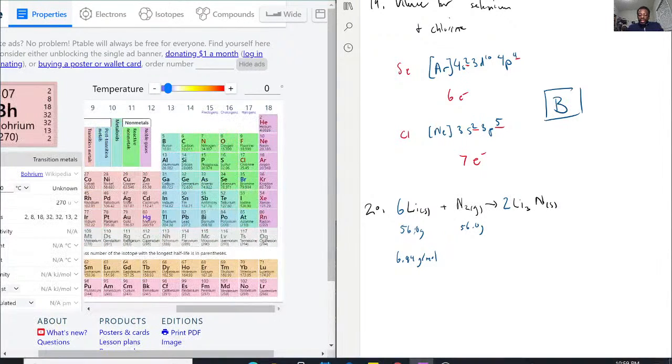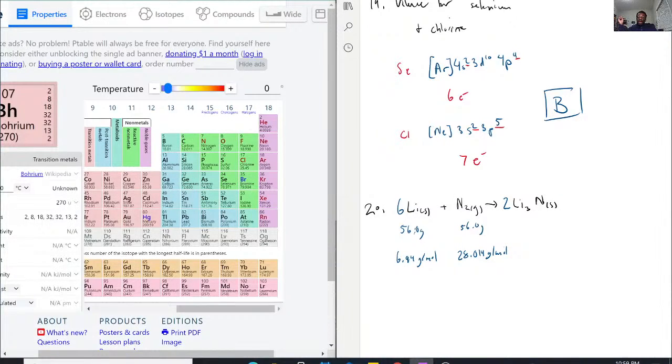Nitrogen, on the other hand, is quite bigger because it's N2. Okay, so we have 2 nitrogens. So it's not just one nitrogen of 14.007. We need to double that. Okay, so we actually have 28.014 grams per mole for the nitrogen gas.